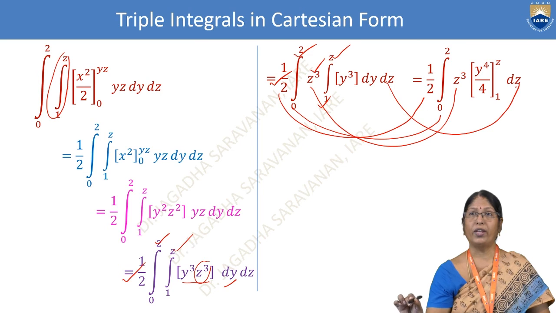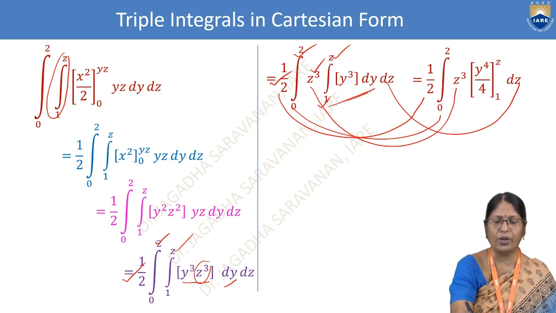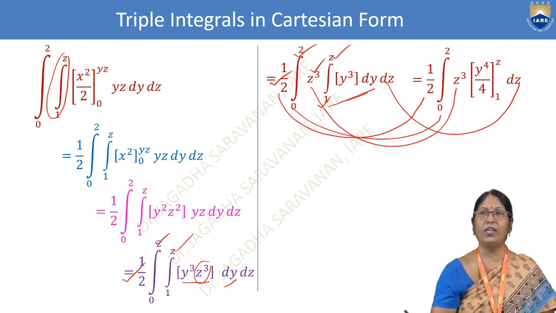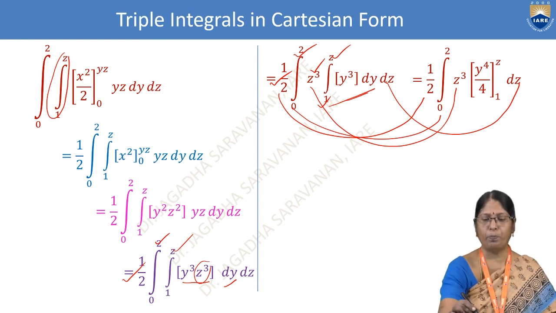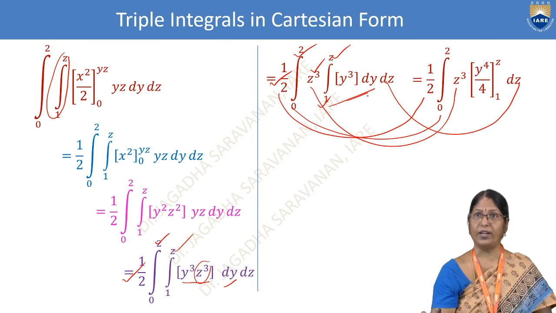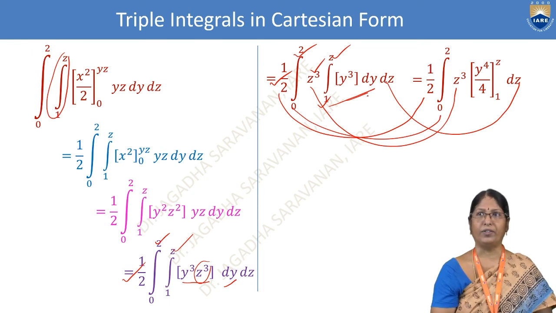This we wrote as it is. Only in this place are we going to do the changes. That is y cube dy. We are going to do the integration. Whichever variable we are integrating, only that we are considering. Remaining all as it is we are writing.